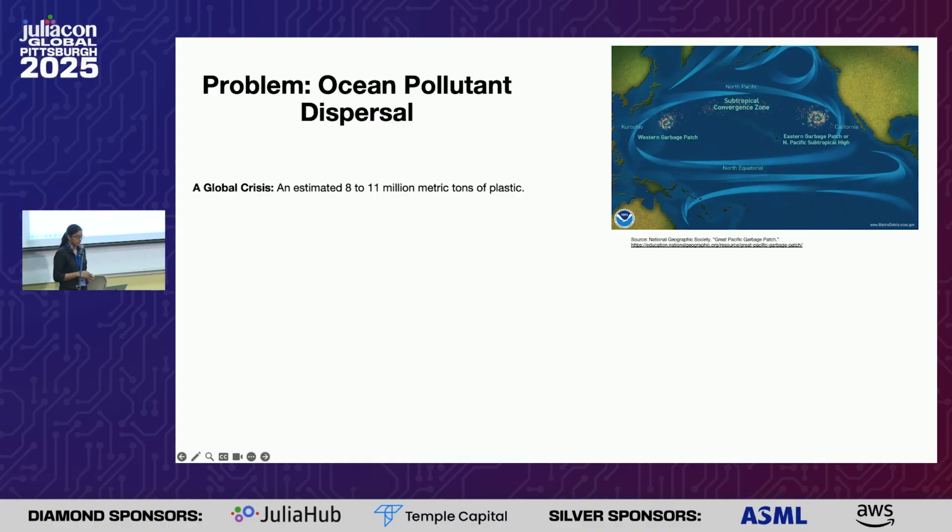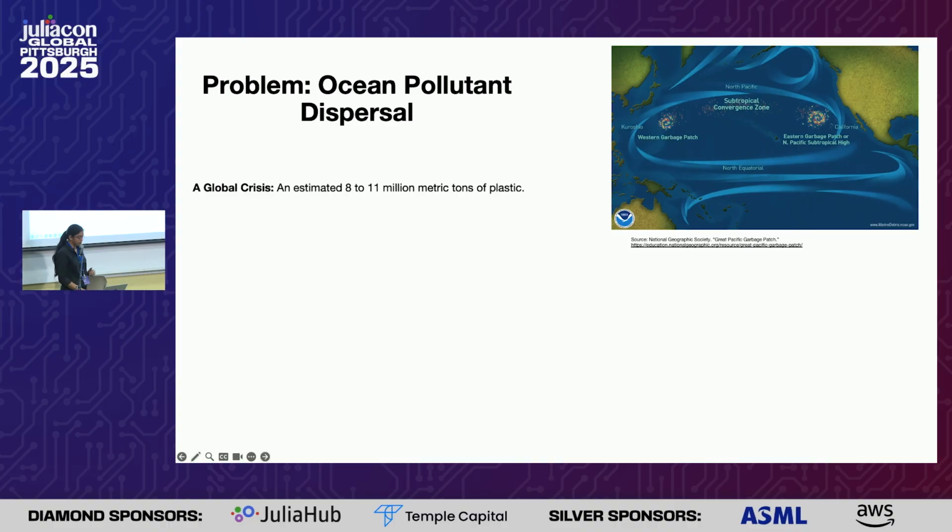These large rotating systems are called ocean gyres. We can think of them as slow-moving whirlpools that span thousands of kilometers. They act like massive conveyor belts collecting debris from the coastlines, and they slowly pull the debris towards a calm and stable center.